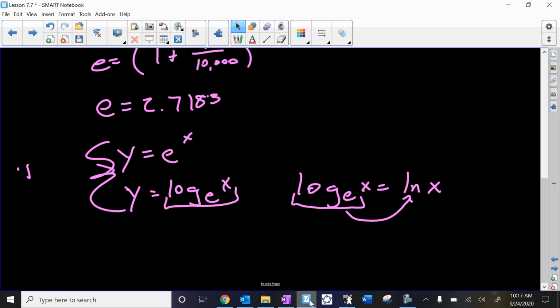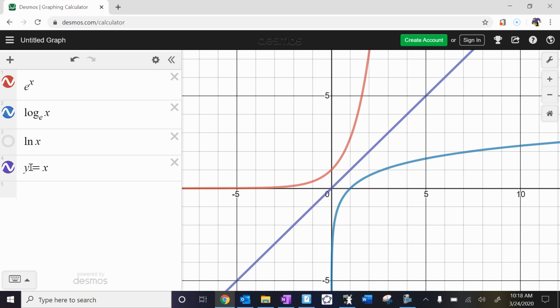So now if I go back to my graph for you guys to see, I'm going to get rid of this log base e of x and I'm going to replace it with natural log of x, and it should be the exact same graph as this blue one in here. So if I get rid of it, boom, you can see that it's the same thing. I can put them over top of each other and see how they're exactly the same thing. So whenever I say natural log, you're still thinking of a log base e. They're the exact same thing.